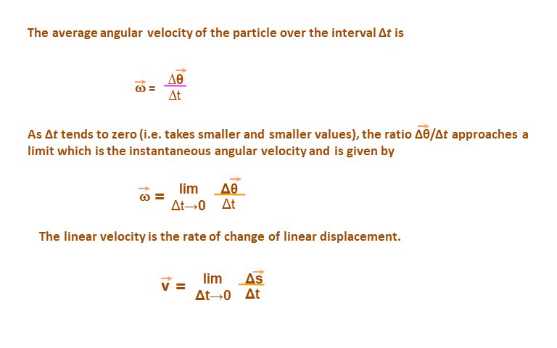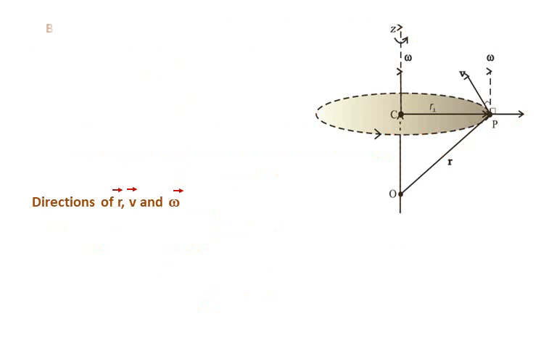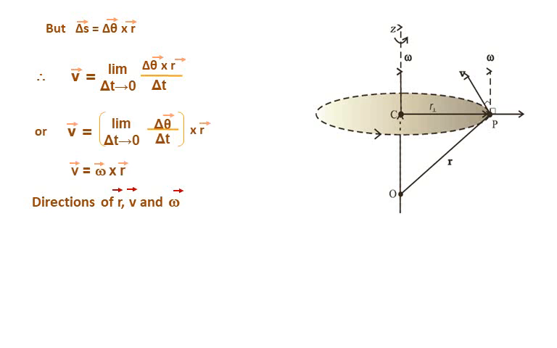And the linear velocity is limit delta t tends to 0 of delta s by delta t, as we have studied in kinematics also. But delta s is equal to delta theta into r, since theta is equal to arc upon radius. So you can say that v is equal to omega cross r.